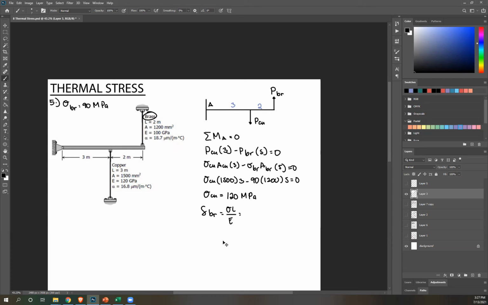Total length of brass is 2 meters. Convert to millimeters. And then E is 100. Convert to MPa. What's the deformation?